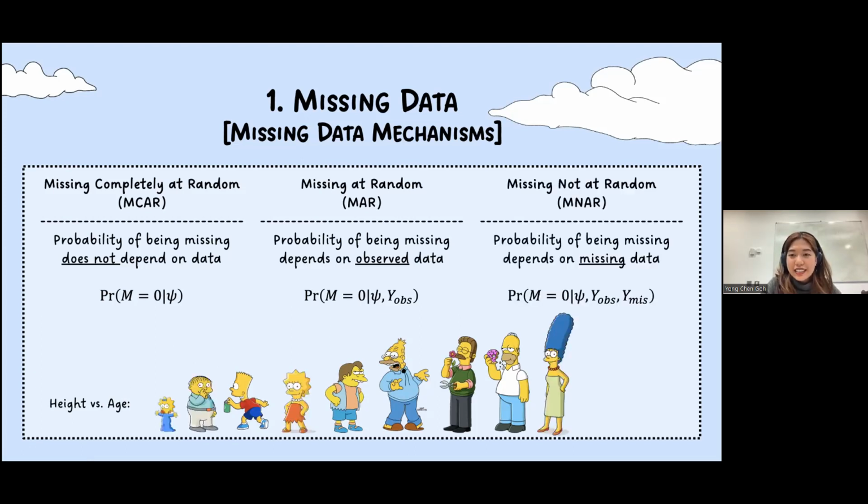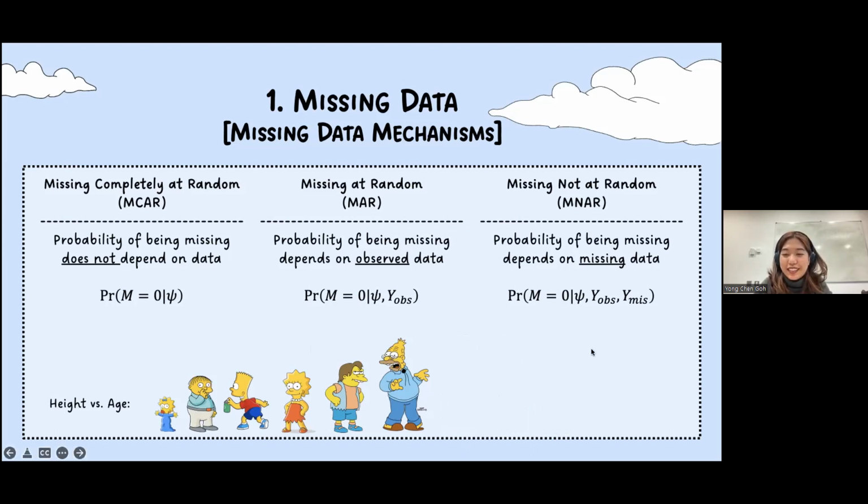And then the last one is missing not at random. That's where our probability of being missing depends on the missing data itself. So again, with this example, that would be like if your height measurement is more likely to be missing the taller you are. So it looks something like this. Let's say because Marge's hair is too tall that it's gone off the scales and you can't actually get a measurement for a height, and that's why it's missing.